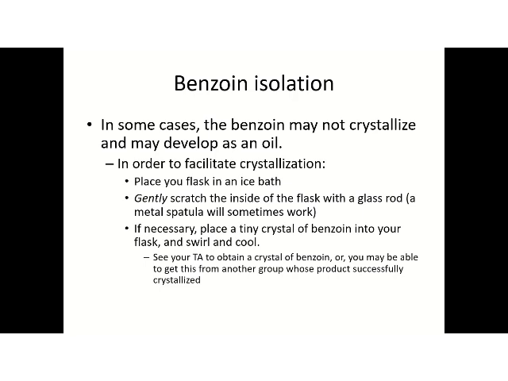If necessary, place a tiny crystal of benzoin into your flask and swirl and cool, and see your TA to obtain a crystal of benzoin, or you may be able to get it from another group whose product successfully crystallized as well.